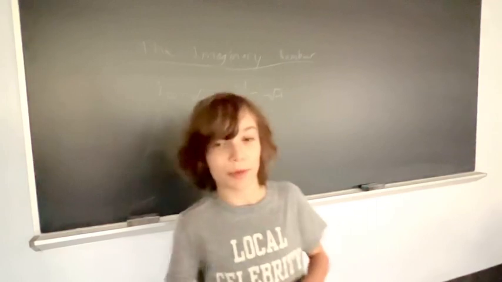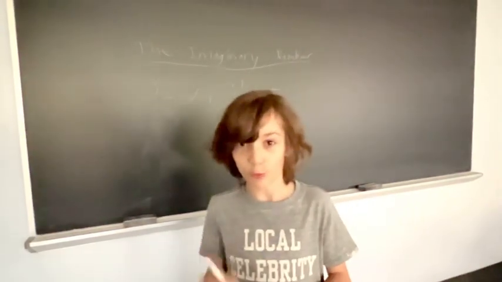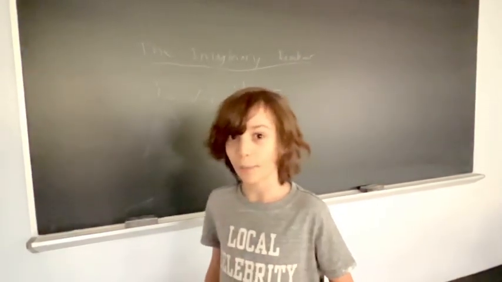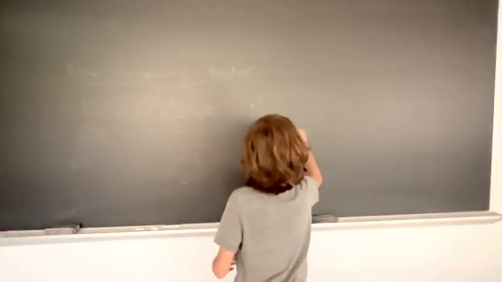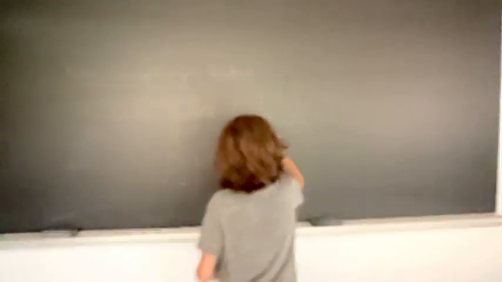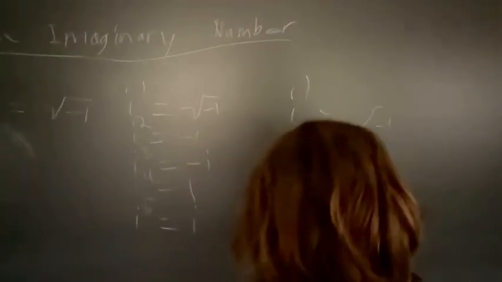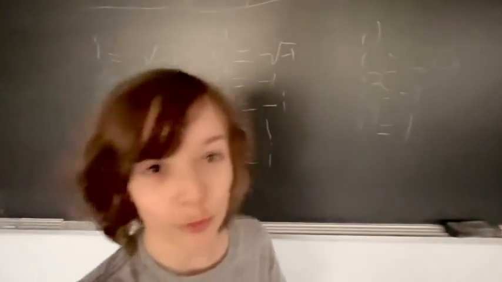Now, before I wrap up the video, I want to tell you one last cool property about the imaginary number. Again, let me write this quickly. i squared is equal to -1, and then I'm going to skip i to the third because we won't use it in this equation. This is a really cool paradox of i.